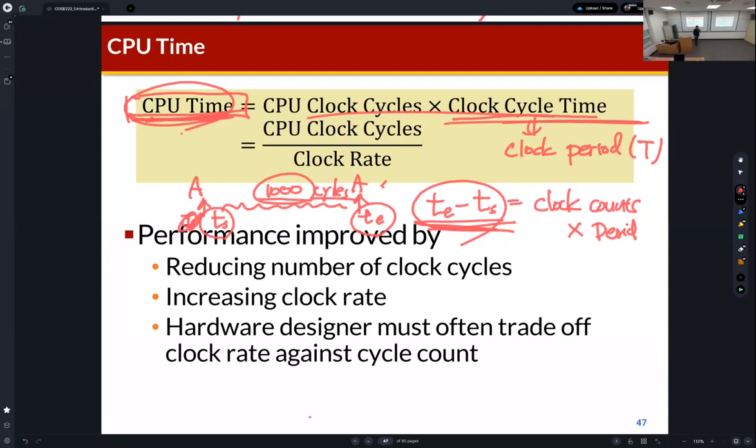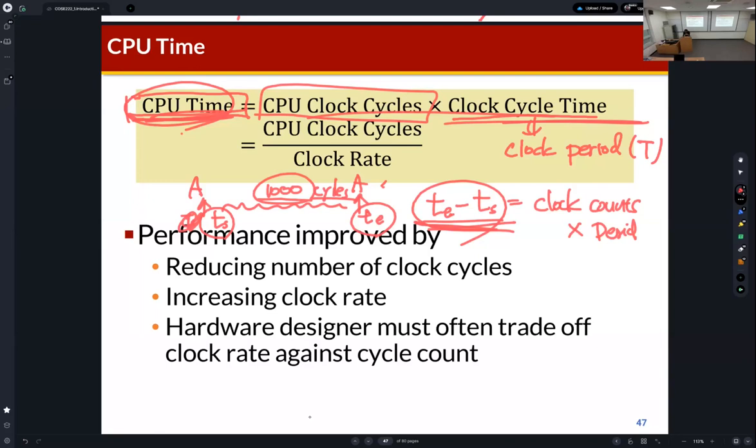CPU is also a system running with a clock signal. That's why we represent the CPU time using clock count multiplied by clock period.